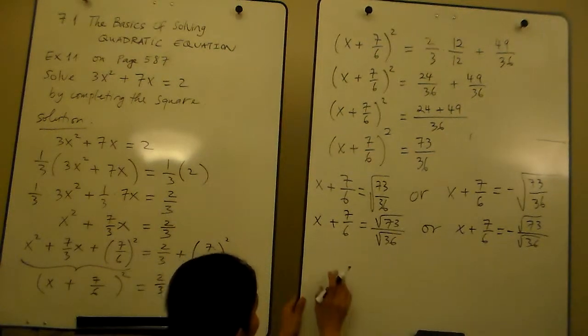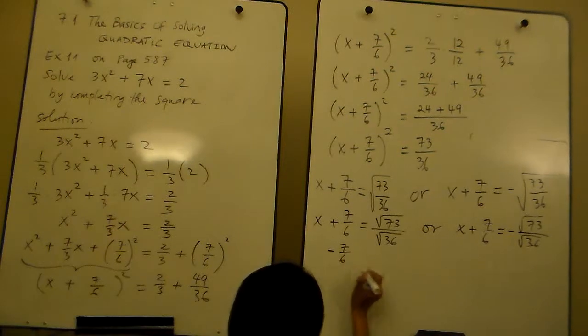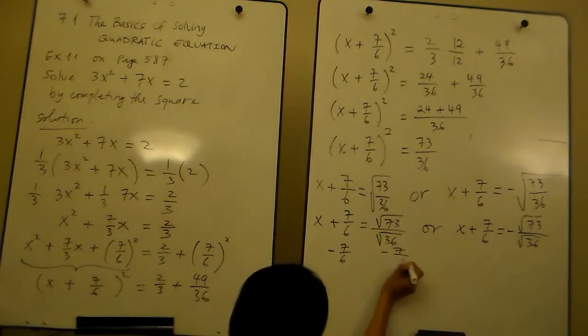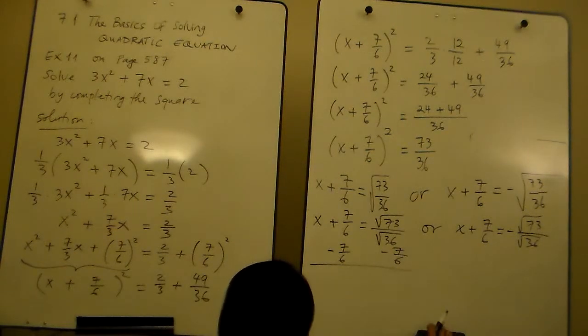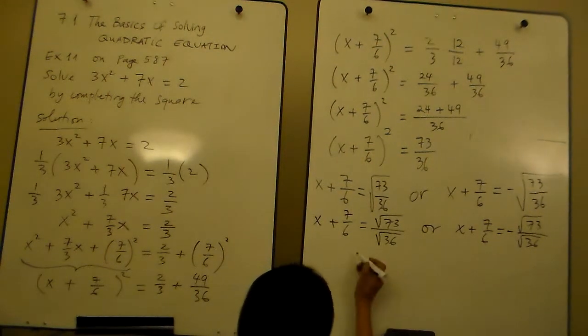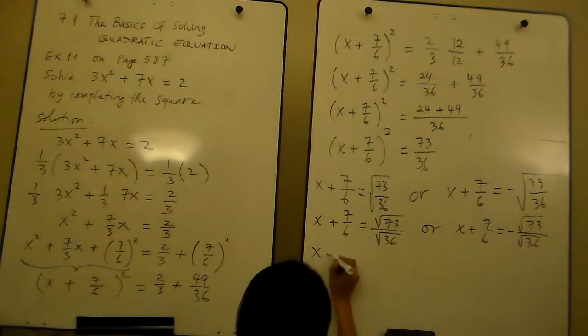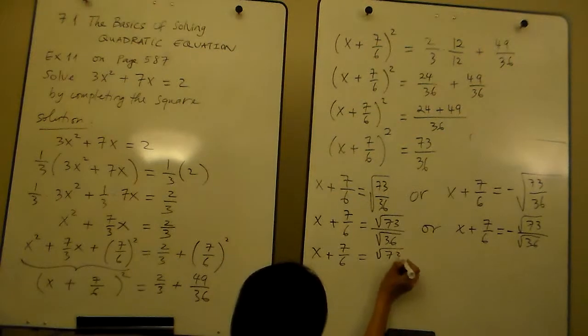You can solve for x by subtracting 7 over 6 on both sides. Okay? So, you know what? Let me simplify this term first. So let's leave this as is, x plus 7 over 6 equal to square root of 73.